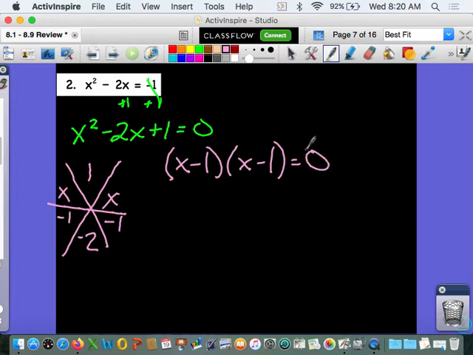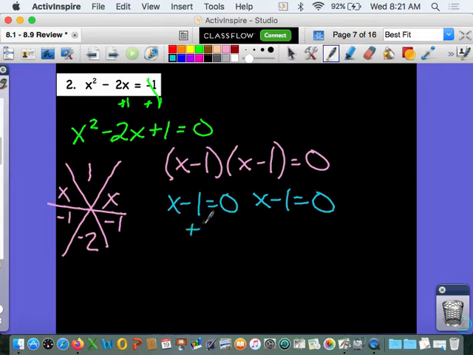Right? Now what? Set each binomial equal to 0. So x minus 1 equals 0. x minus 1 equals 0. Now what? Add 1 to both sides. Why do we add 1?